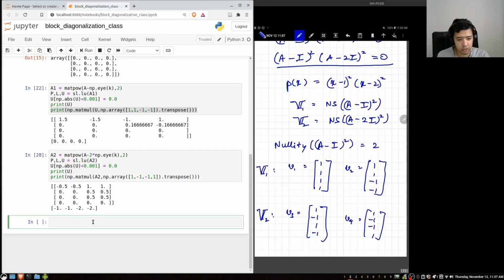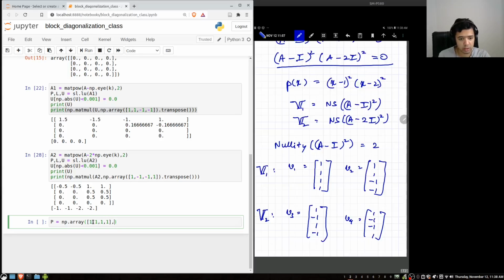if I write all of this in the form of a matrix, my P matrix is going to be 1 1 1 1. So this is my first column.